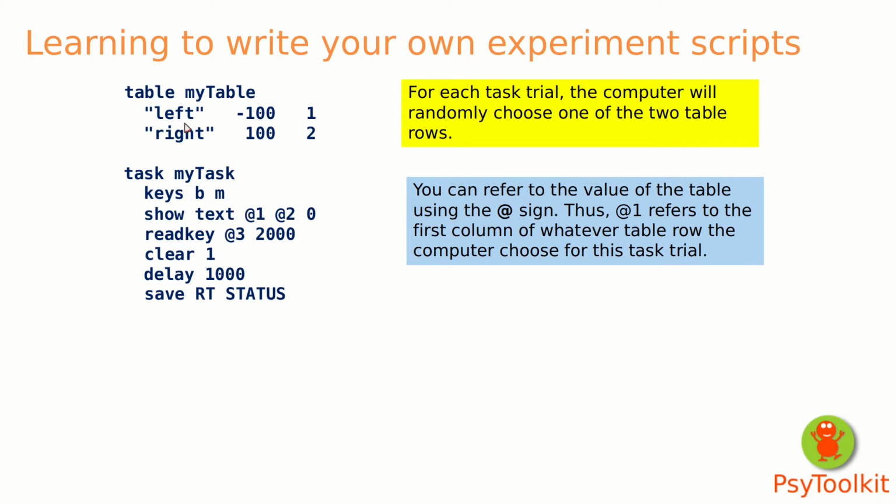So if, say, the computer had chosen to do this first row, then the value of the first column is left, and it would show the word left, show text left at value -100. I'm going to show you that in more detail in a second, but that is a mechanism that you can use. That is actually a very important mechanism, so it's important that you understand that well, because the table is a very convenient way to work with conditions.